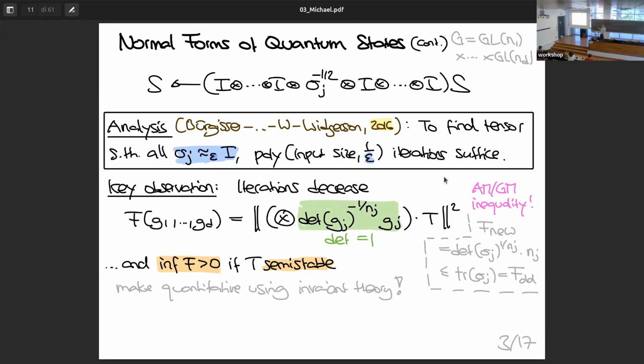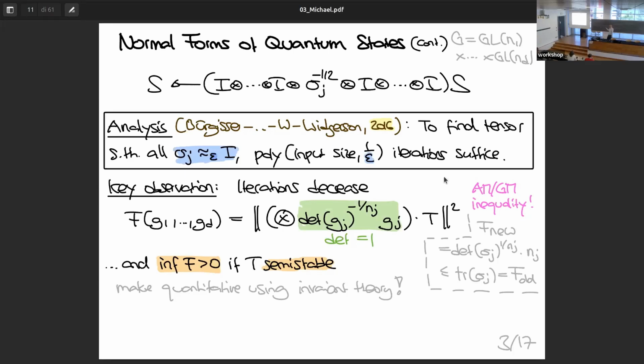What you get is the determinant of the marginal to the power 1 over nj. Not important to verify it, but this is the geometric mean of the eigenvalues of the marginals. And the geometric mean is less than or equal to the arithmetic mean, the ordinary sum, the average in the ordinary sense, and that gives the bound.